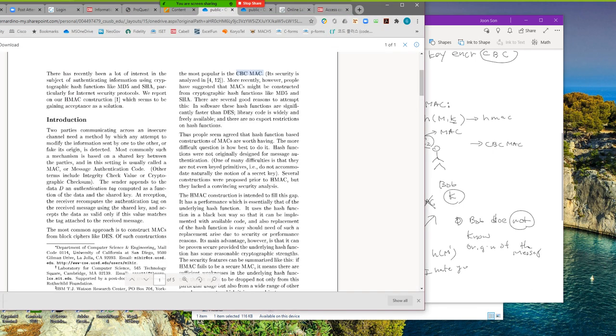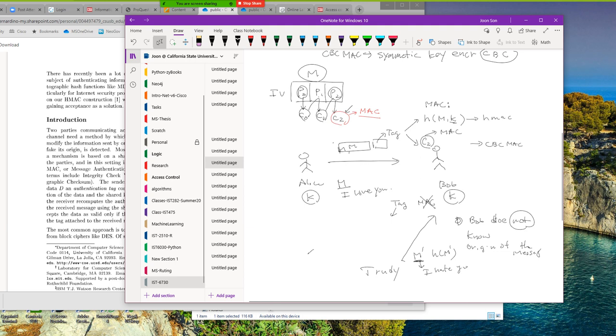When Bob receives M prime and H of M prime, of course Bob hashes M prime and compares these two, and yes, no problem.